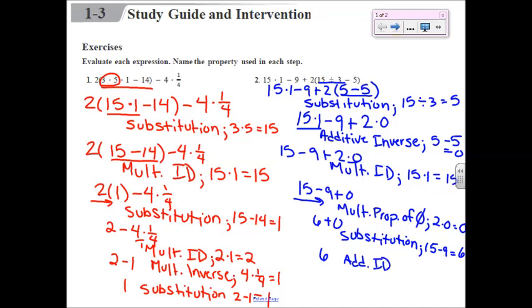Additive identity, 6 plus 0 equals 6. So on this side, it is important that you do it step by step like this and write in what you're doing. So like in the red side here, substitution, 3 times 5 equals 15. That's what this side is working on specifically. So you may not just skip those parts and write the final answer.